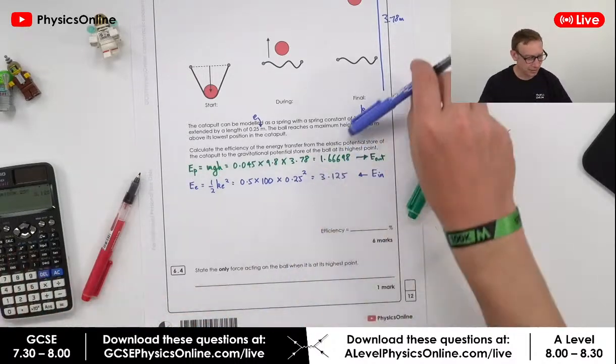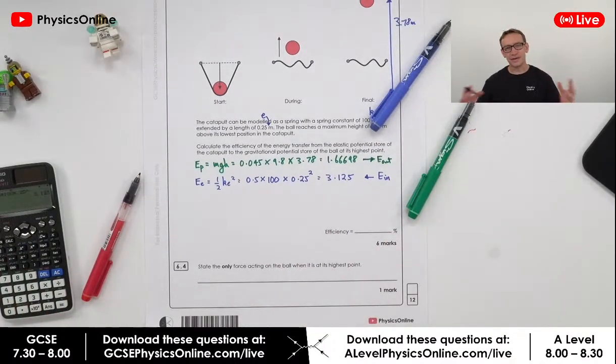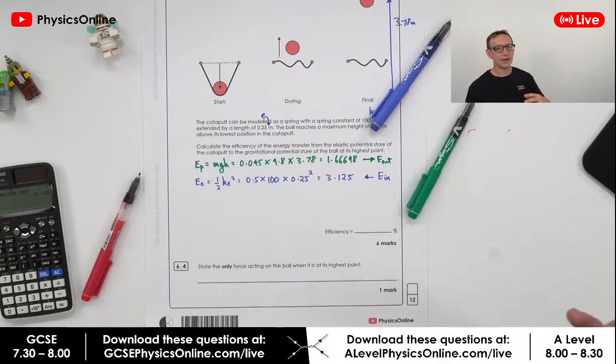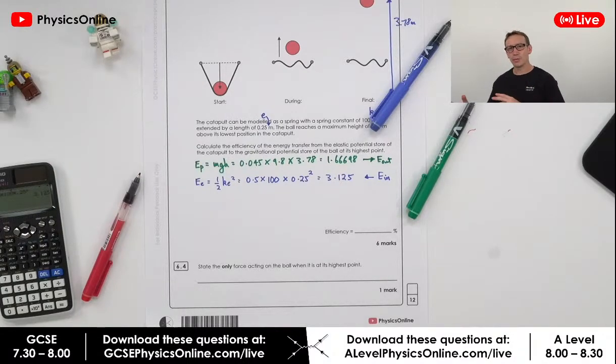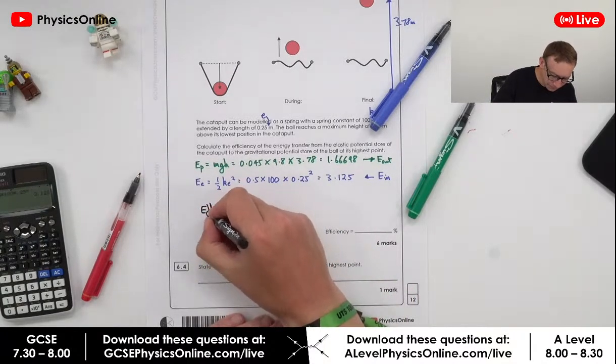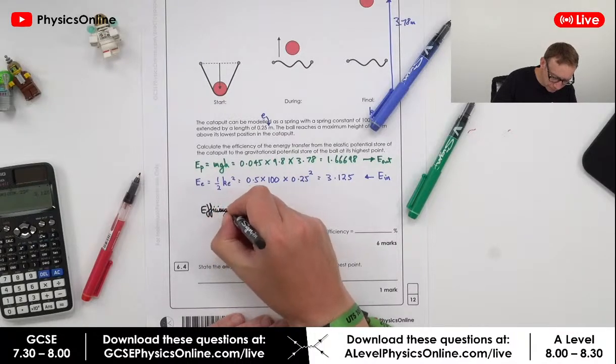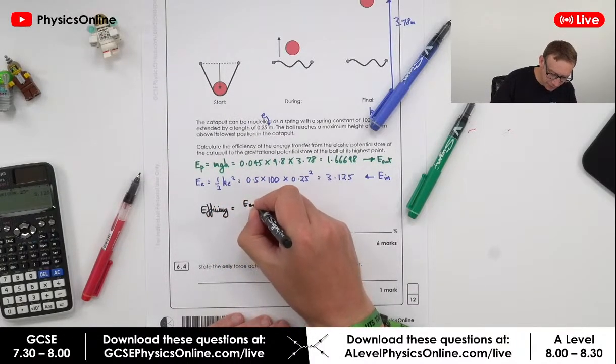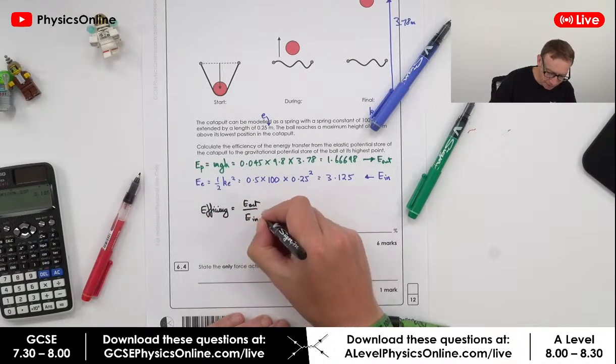Now the efficiency, I'm going to swap colours here. The efficiency of something is the ratio, and it could be a number between 0 and 1, or it could be a percentage. The efficiency is the ratio between the energy out compared to the total energy in. So here the efficiency is equal to the energy out divided by the energy in.